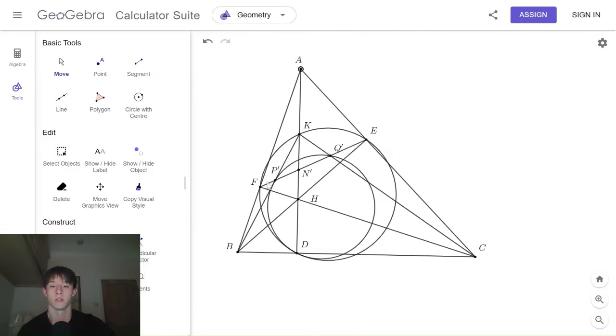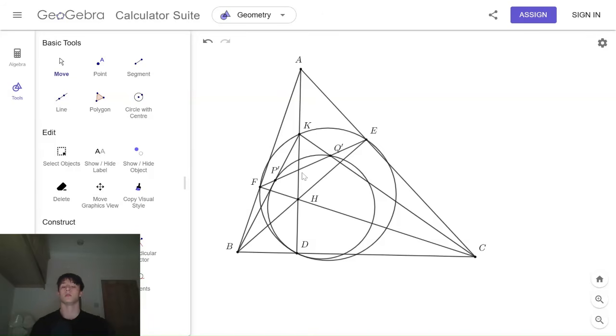And we have N prime, the intersection of FE and AD, which we don't even need anymore. Then we have P prime and Q prime as the intersections of BK and CK with the line FE. We want to show that the circle through D, P prime, and Q prime is tangent to the circumcircle of DFE.